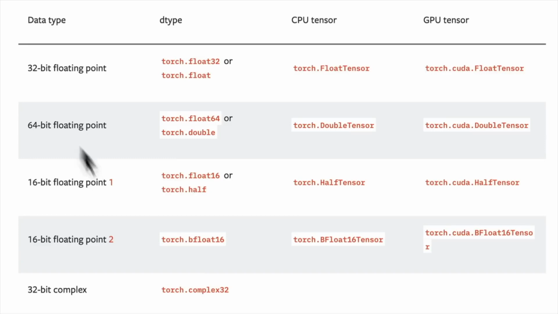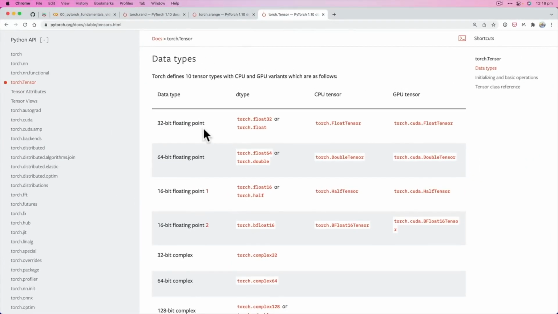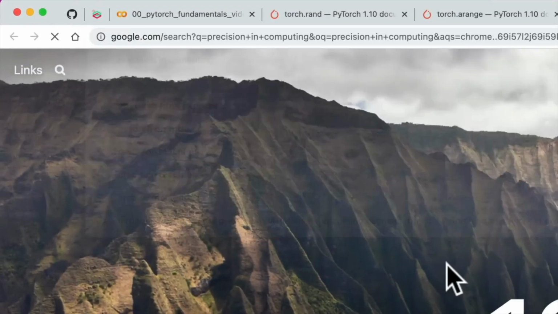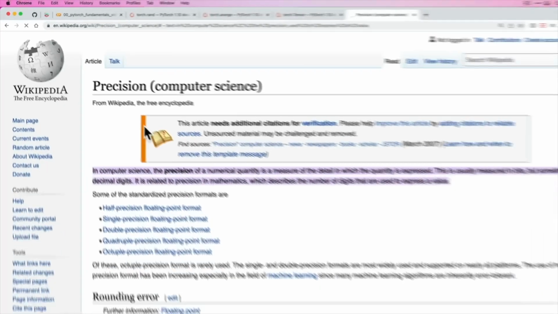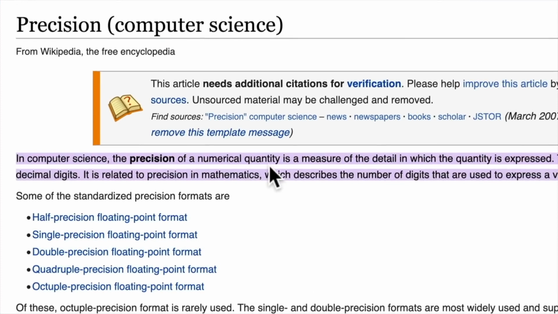Now, what does this mean? What do these numbers actually mean? Well, they have to do with precision in computing. So let's look that up. Precision in computing. So in computer science, the precision of a numerical quantity, we're dealing with numbers, right, is a measure of the detail in which the quantity is expressed.